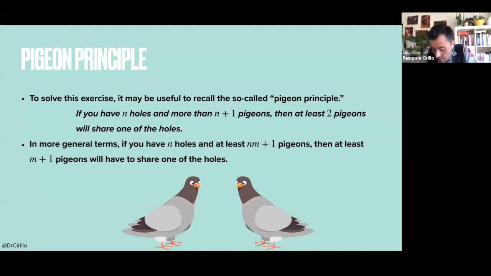It's called that because it was initially developed using pigeons as the objects that need to be displaced.